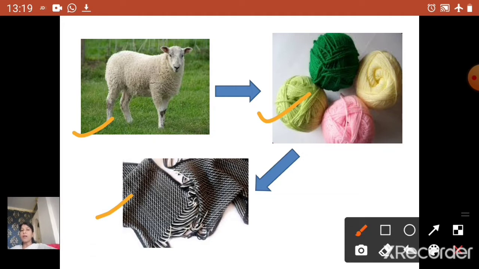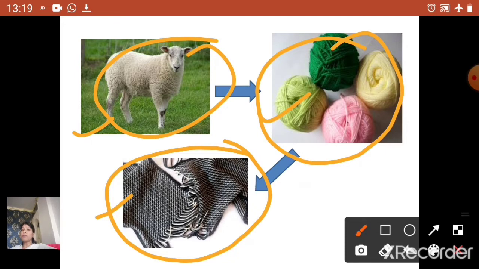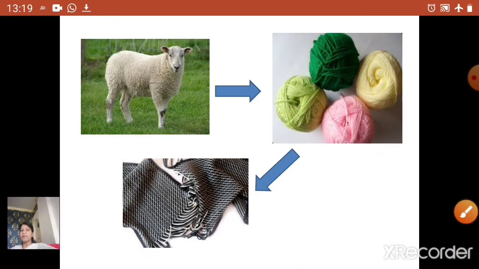Now can you tell me how they are related to each other? Yes, we obtain wool from sheep, and wool is used to make woolen yarn, and woolen yarn is then used to weave woolen cloth. Very good.